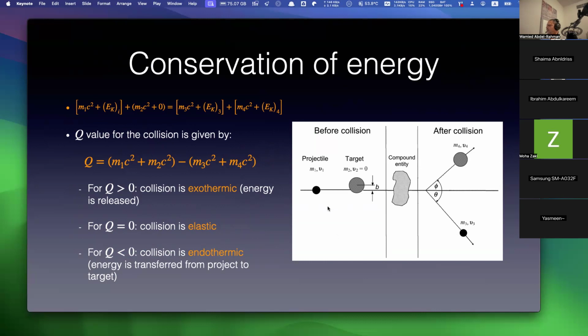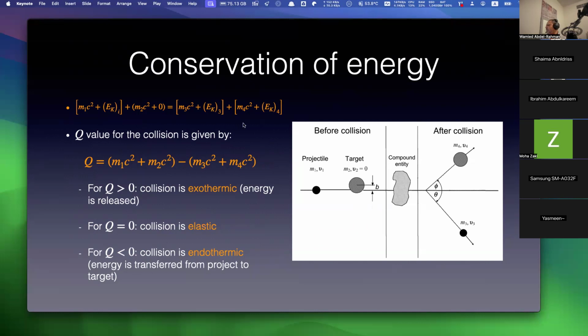Before the collision, the total energy is equal to the rest mass of the projectile plus its kinetic energy, this term here, plus the rest mass of the target plus 0 because it does not have any kinetic energy, it's stationary. The sum of these two gives, on the left here, the energy of the system before the interaction.